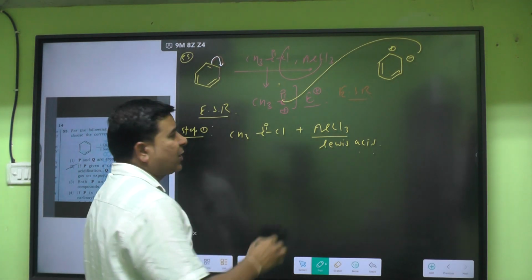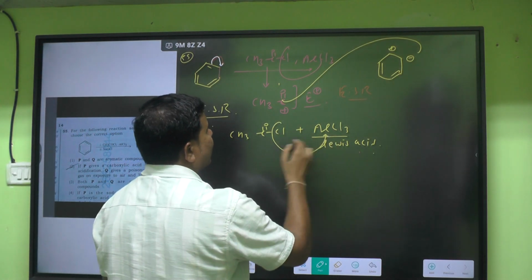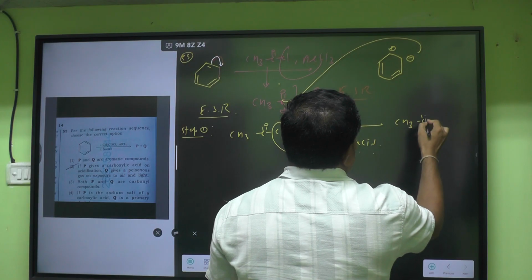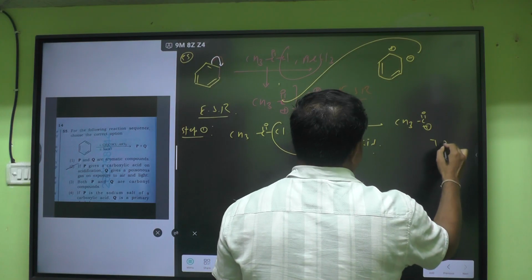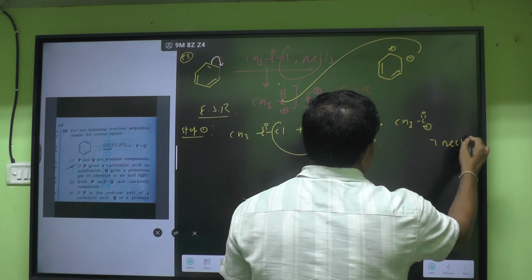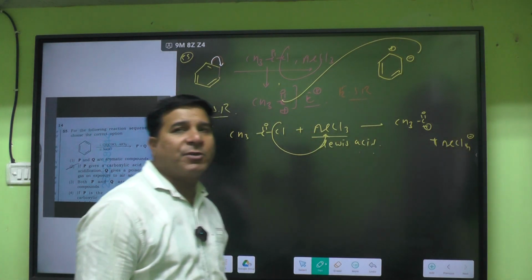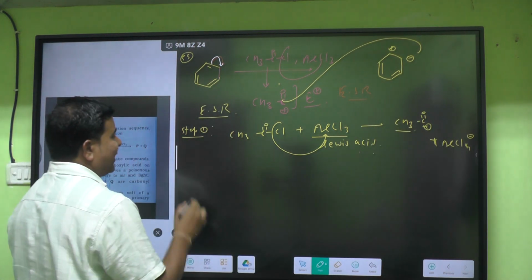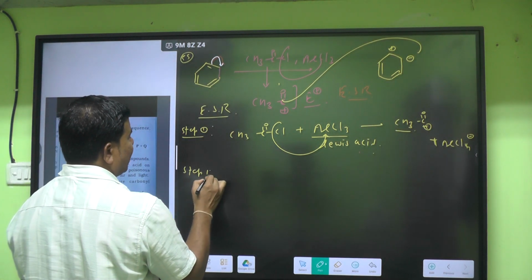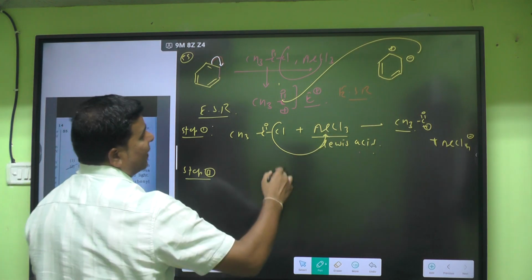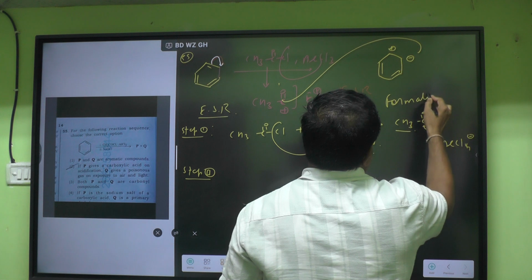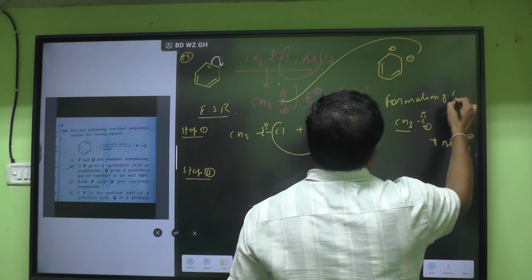So the Lewis acid abstracts from the Lewis base, and to form the electrophile it forms CH3 C double bond O positive charge plus AlCl4 negative. First step, formation of electrophile.